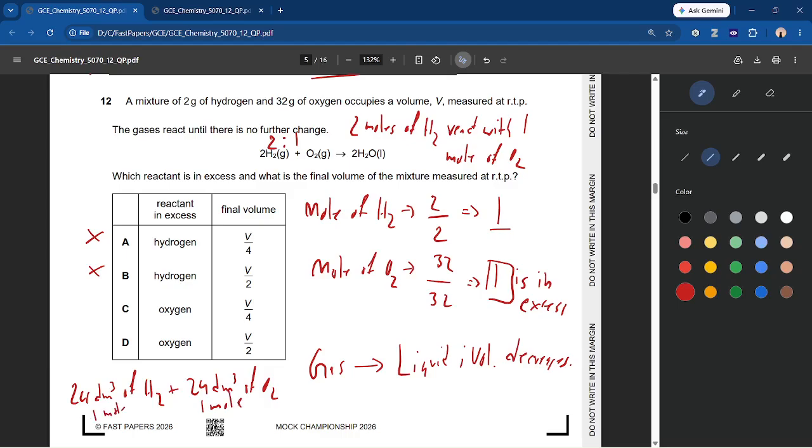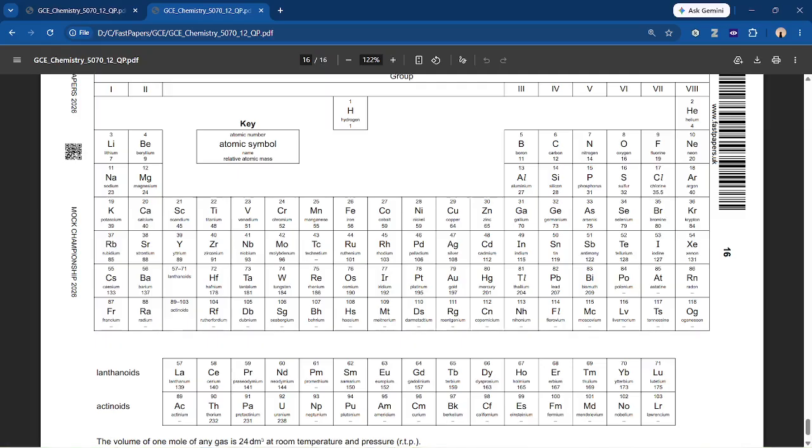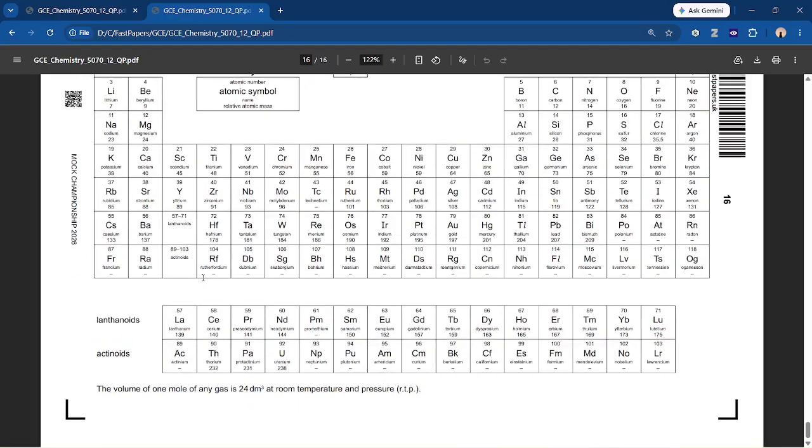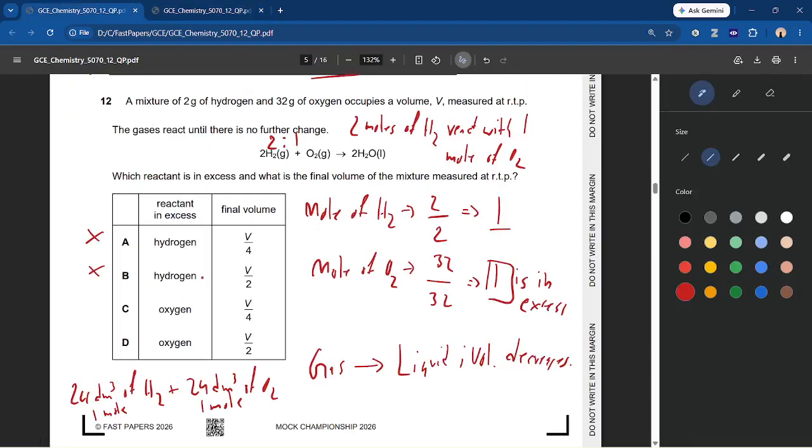It's mentioned at the bottom of the periodic table: the volume of 1 mole of any gas is 24 dm cube at room temperature and pressure. So the total volume is 48, and you use up all 24 of hydrogen and half of that of oxygen, so 48 minus 24, minus 12. You're left with 12 dm cube. So 12 by 48 is equal to 1 by 4, and your answer is going to be C.